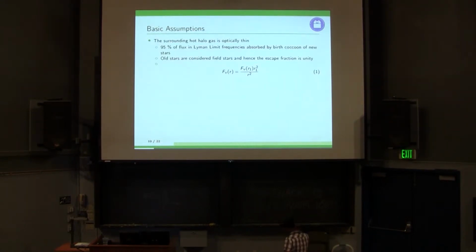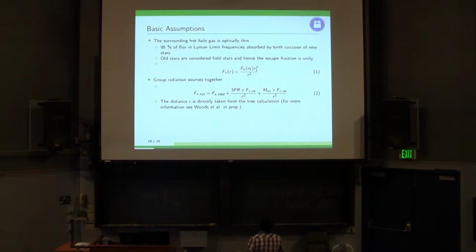In order to implement this into simulations, I use the Gasoline code. I use some assumptions here. I assume that the escape fraction from new stars is just 5% at the Lyman limit frequencies. The old stars are considered field stars, so you have a 100% escape fraction, and the rest of the gas is optically thin, so the flux goes as 1 over r squared.